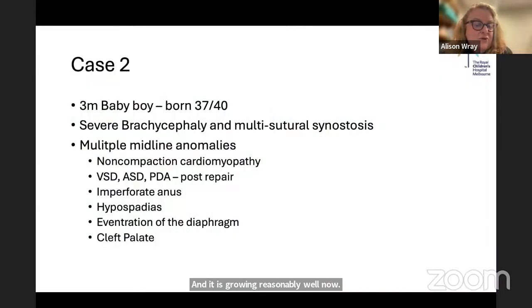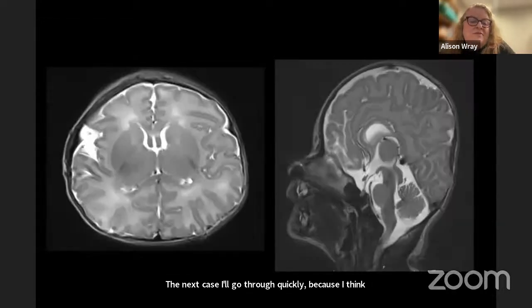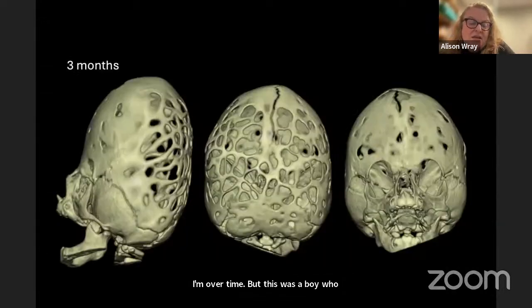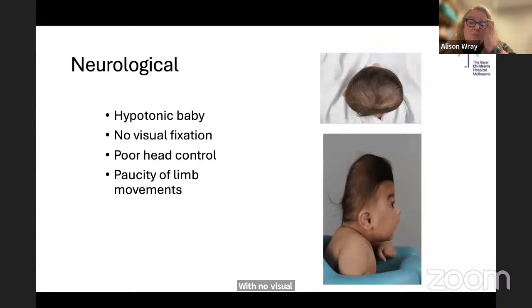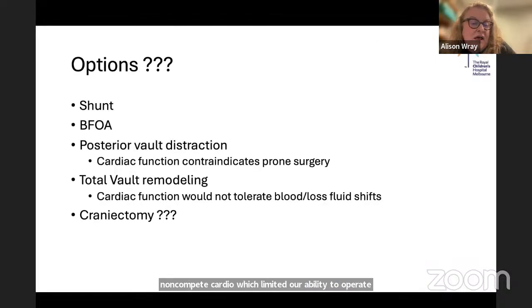The next case I'll go through quickly because I think I'm over time. This was a boy who was born with a severely brachycephalic head with significant pressure and marked neurological delay, with no visual fixation at 5 months of age. His problem was complicated by the fact that he had non-compaction cardiomyopathy, which limited our ability to operate on this child.